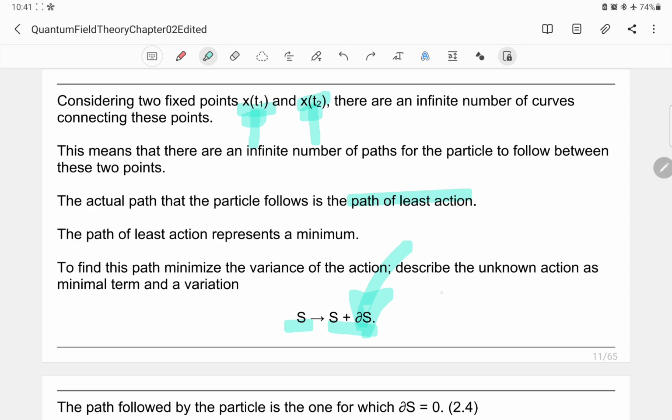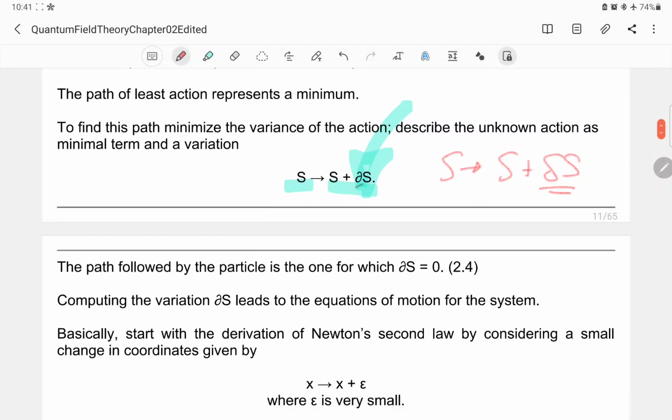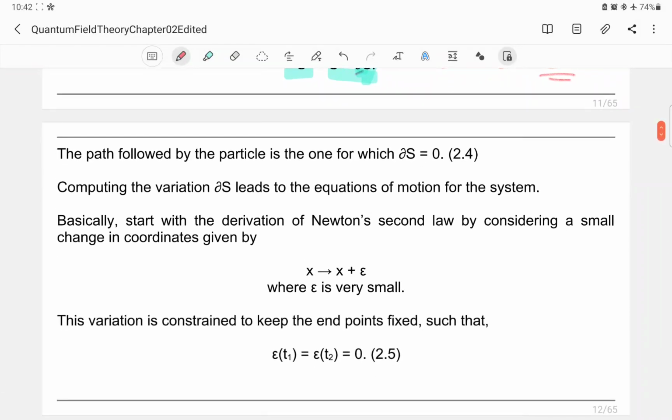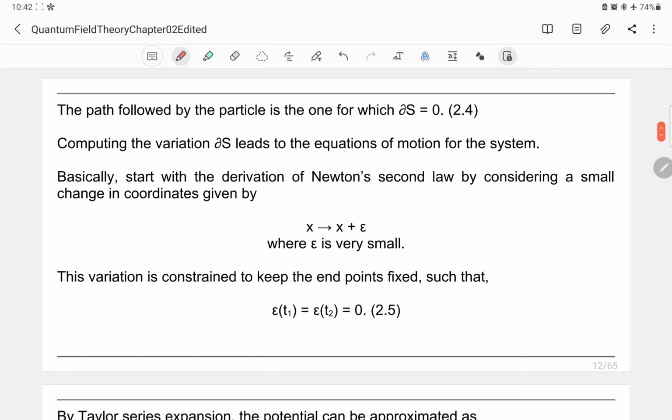I'm sorry for this, but this is supposed to be S plus delta S, the change in the action, not a differential here. Sorry for that mistake. As well as this one here.